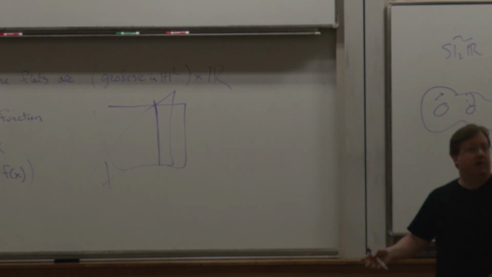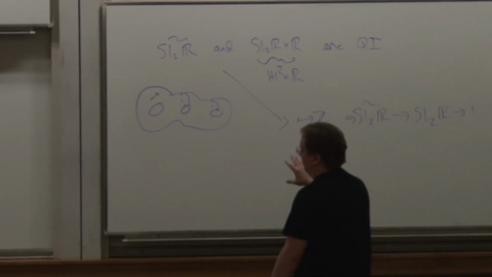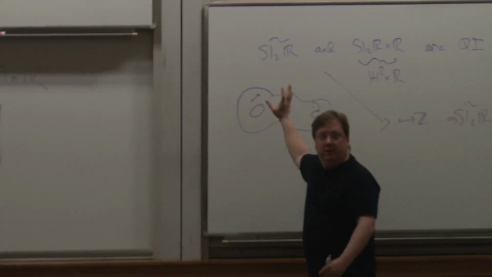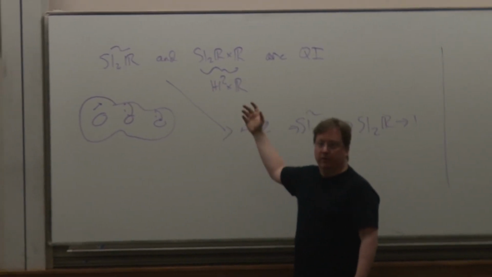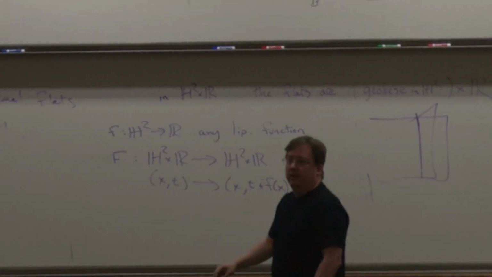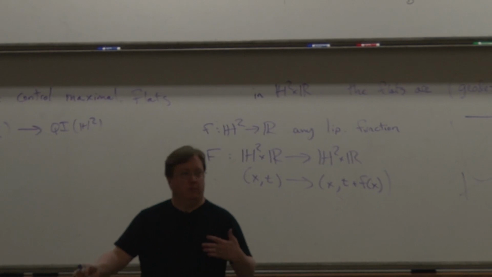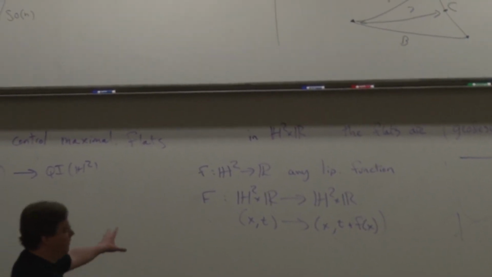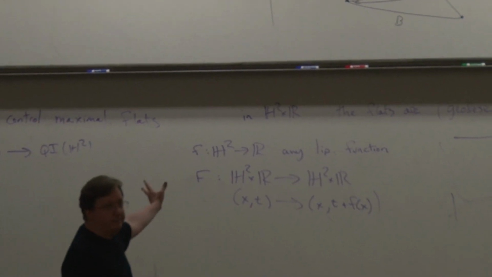So you can't unravel it any further than that. But everything quasi-isometric to H2 cross R is a central extension of a surface group by Z, at least up to an index. Just not necessarily the trivial extension.